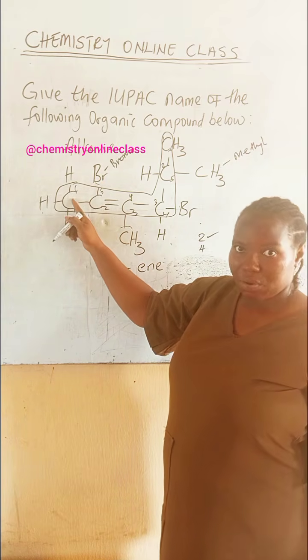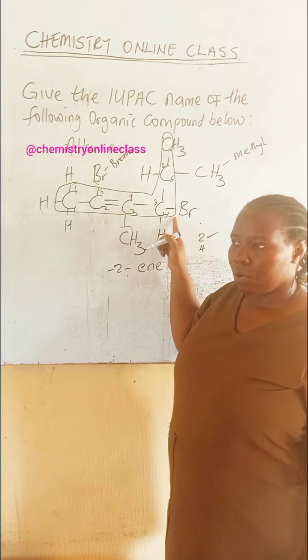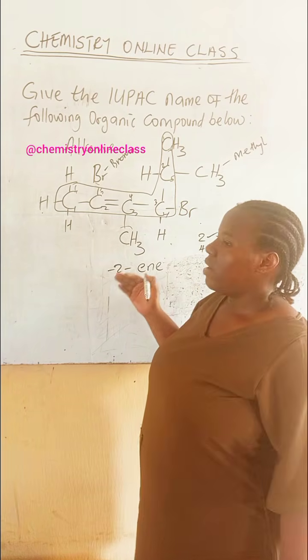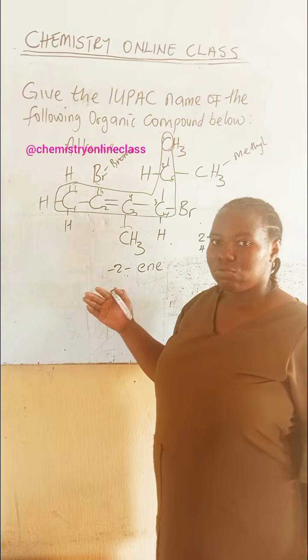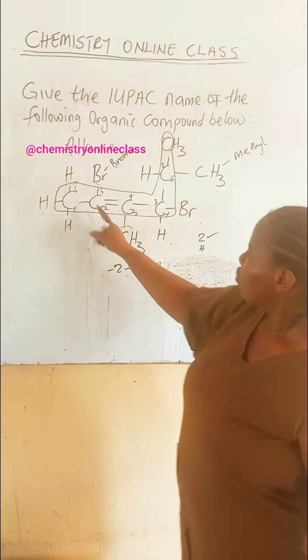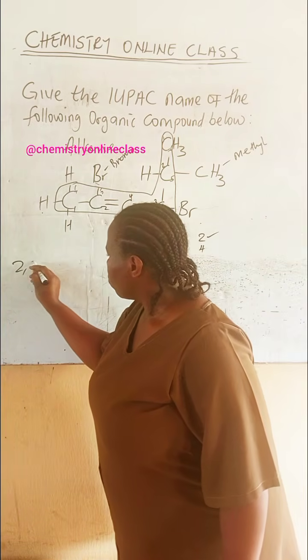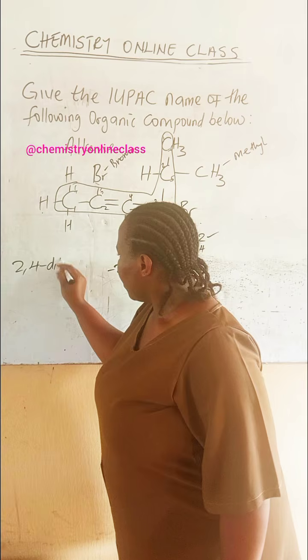This is our starting point. And this other bromine is at carbon number 4. When a substituent appears in two places, we use di to represent it. So we have 2,4-dibromo.